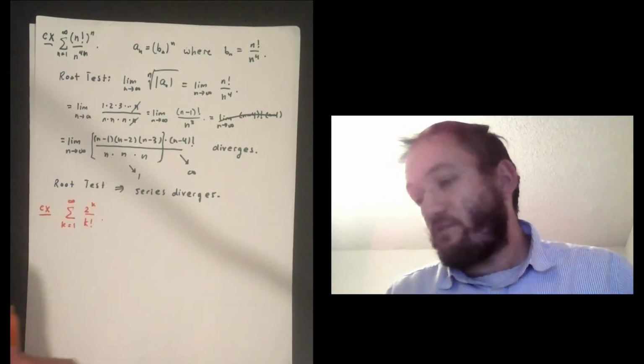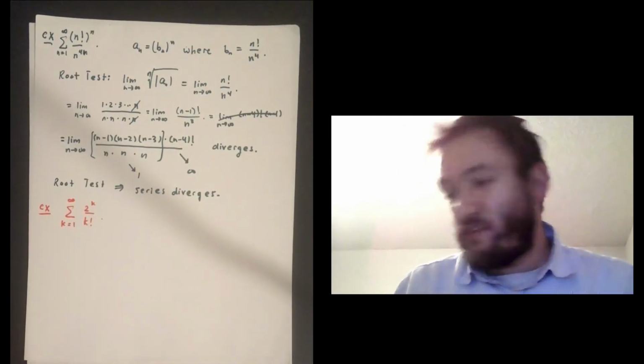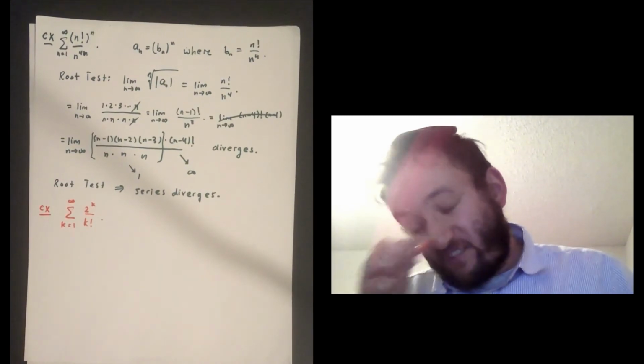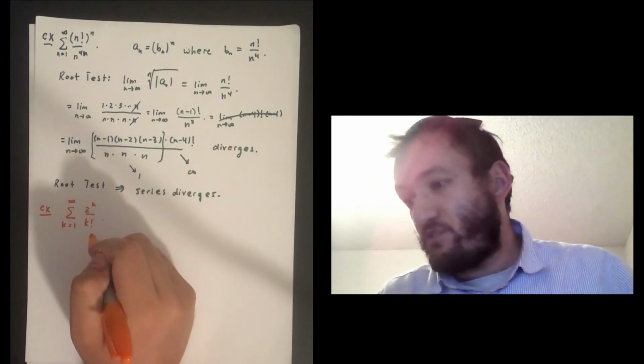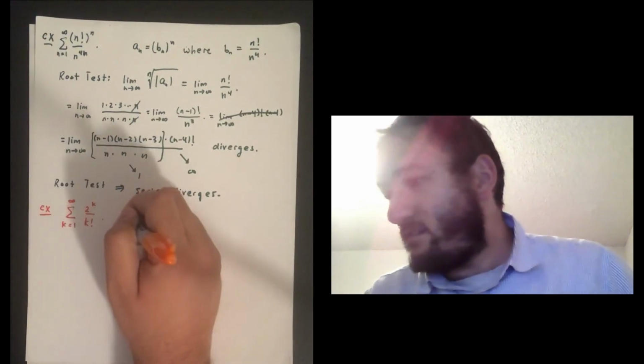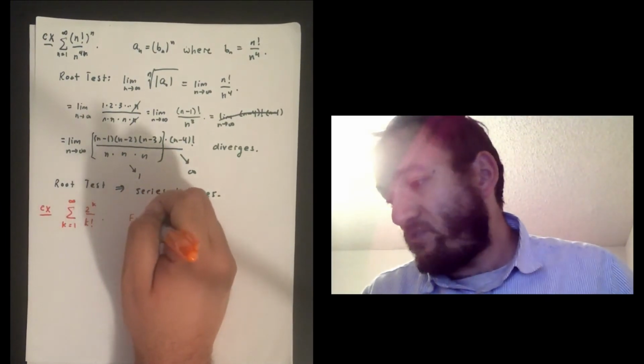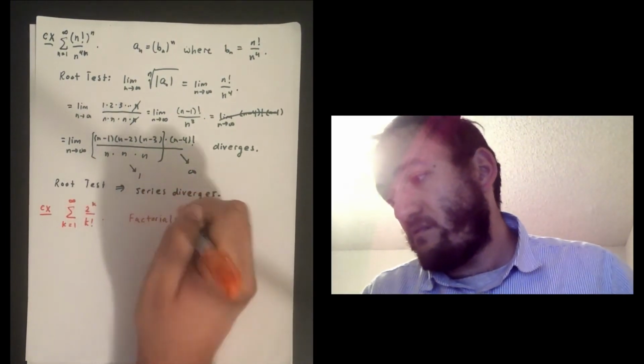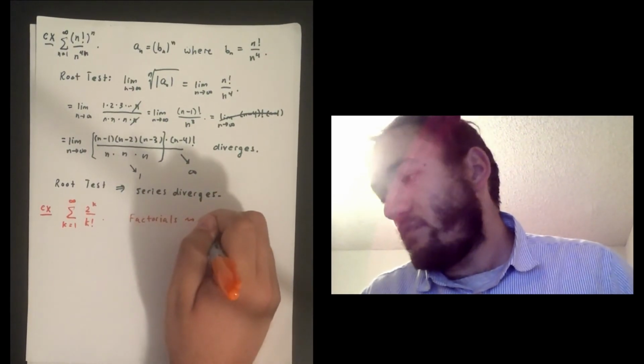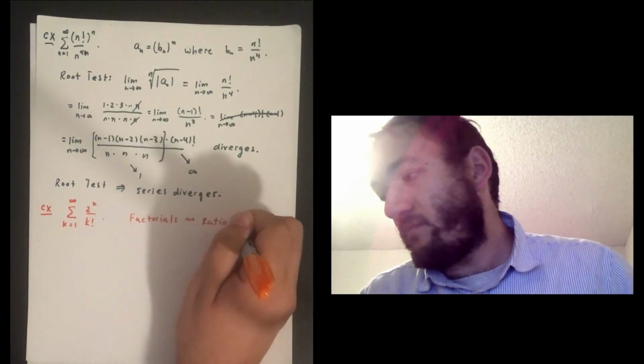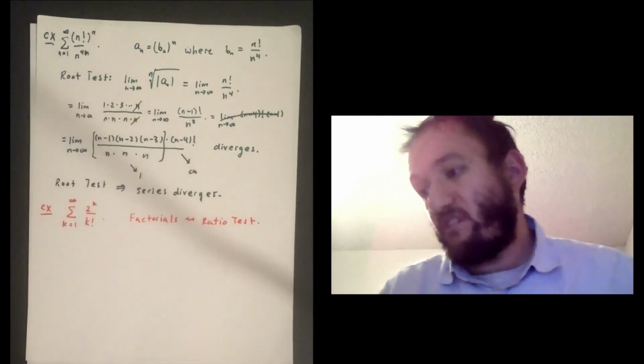Okay, so 2 to the k looks like a geometric series, but the k factorial makes me think we should try a ratio test instead. So factorials, try ratio test. You might say, well, there was a factorial up here also.